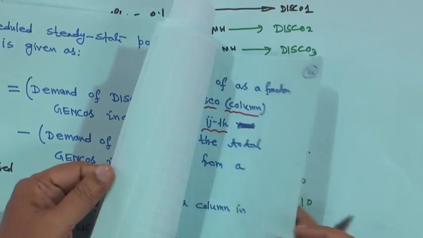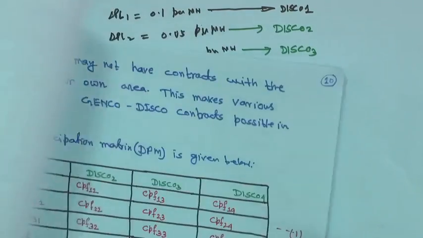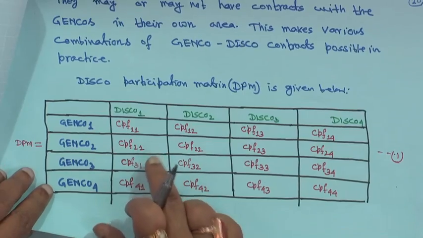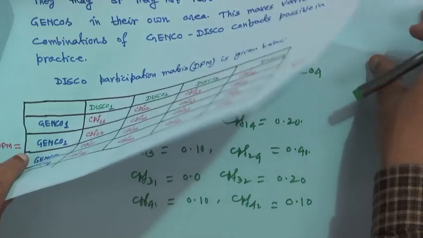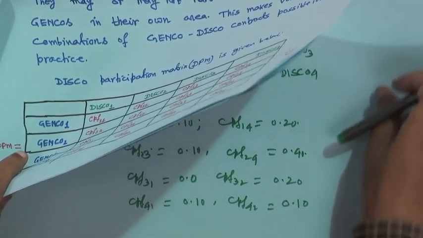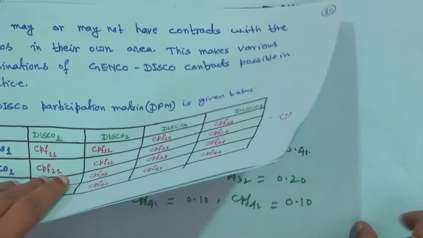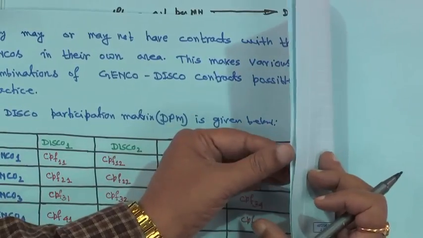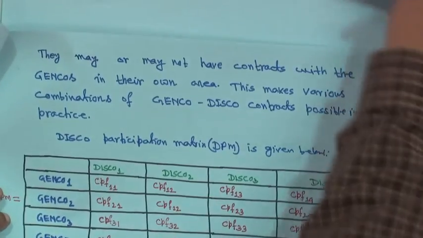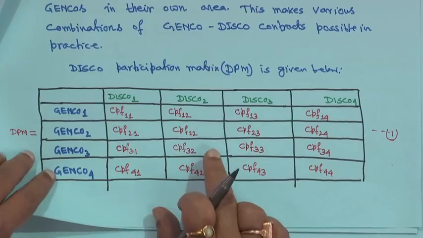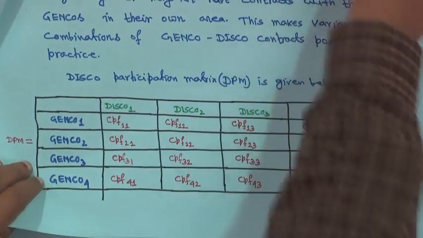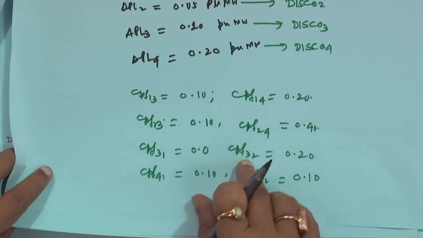So if you go back to this DISCO participation matrix, let me rewrite it so everything is clear to you. Wherever only these elements exist I will write them, and the other things I will not write.